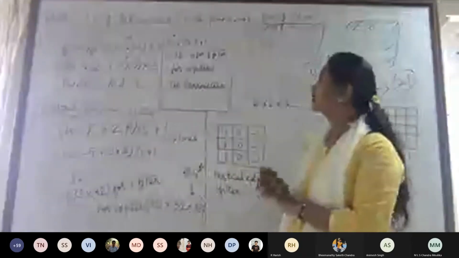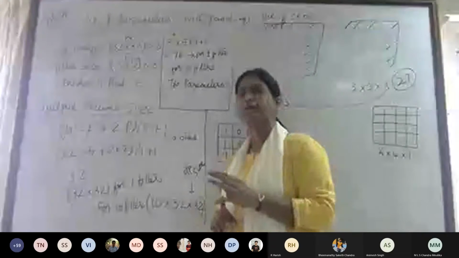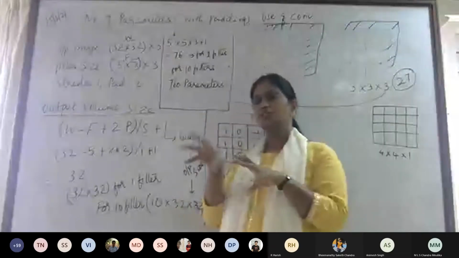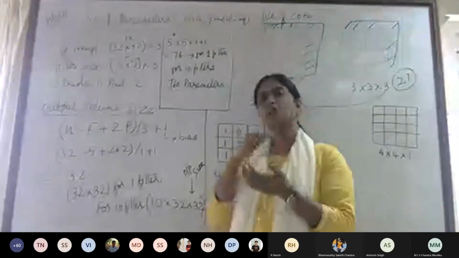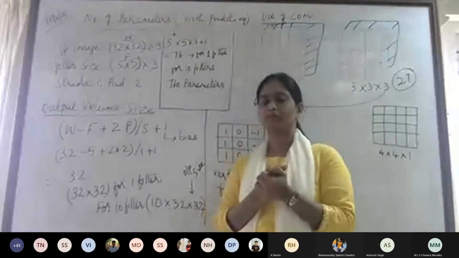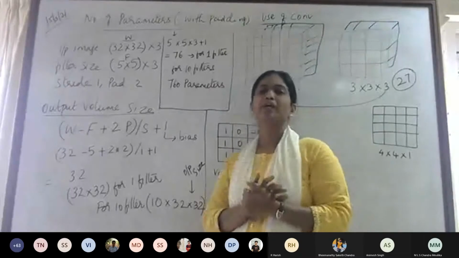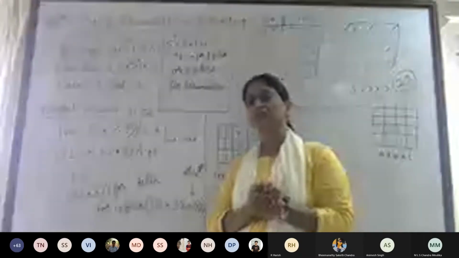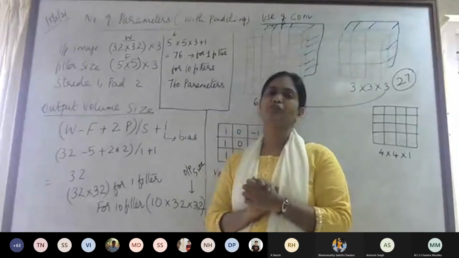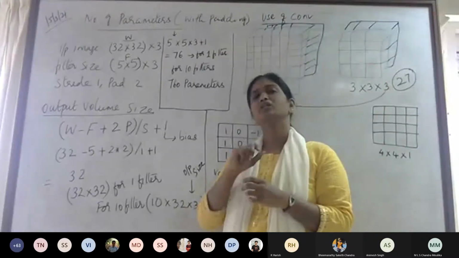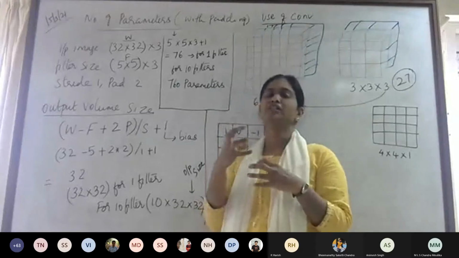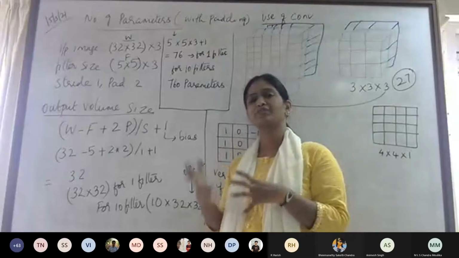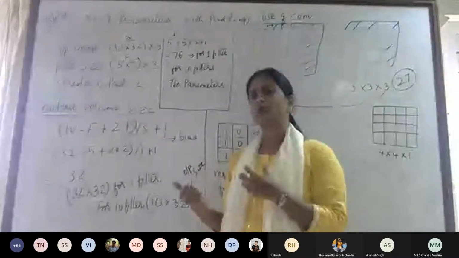So now we will move on to calculation of the parameters in your filter. Okay. Why we need these many parameters and what will be the importance of these parameters. See, basically why we need this convolutional neural network is to reduce the number of parameters that are necessary, or what are the significant features that really contribute to the classification purpose, image classification or object recognition, whatever you are trying to classify.